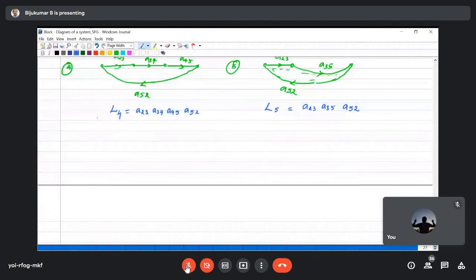Identifying two non-touching loops, sir. Yeah, correct. You have to identify the number of two non-touching loops, three non-touching loops, four, and so on, right? So first of all, we will see how many two non-touching loops.